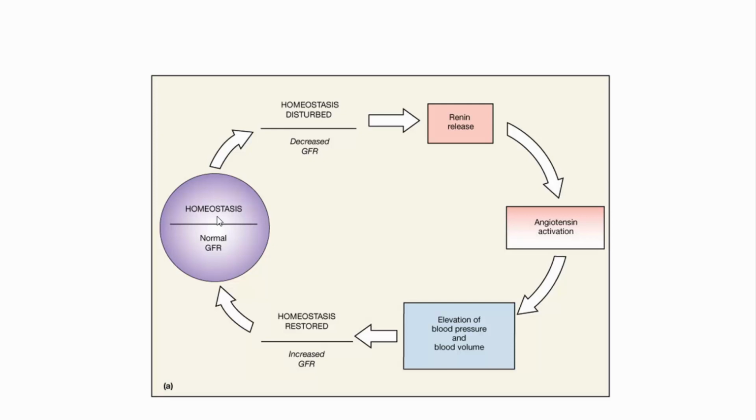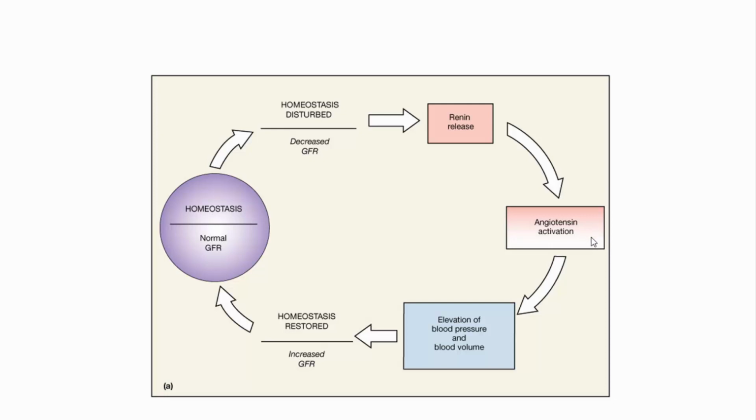So we can see here that if we have a decreased GFR, glomerular filtration rate, homeostasis is disturbed. Renin is released. Renin is going to cause angiotensin activation. Angiotensin, kind of like the name says, sounds like hypertension, right?